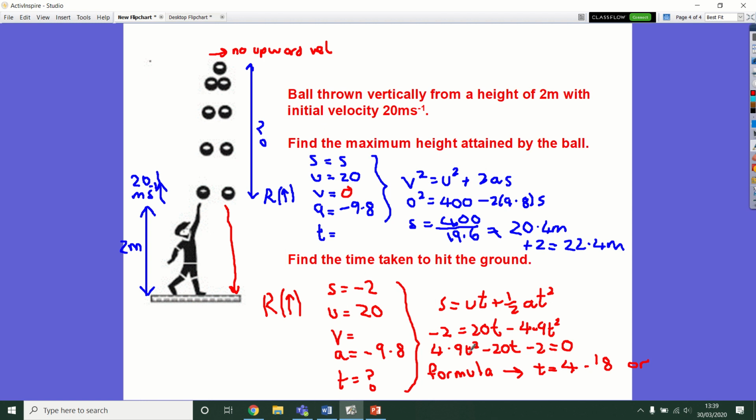Yeah, okay, so 4.18 is the first answer. The second one is minus 0.10, roughly. Clearly this is not the right answer because that's a negative time, so it's going to be this one. That's in seconds as well.